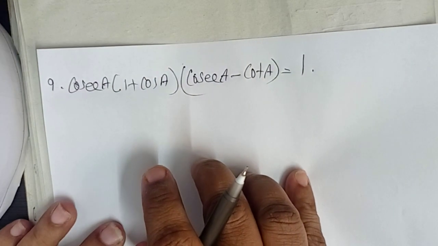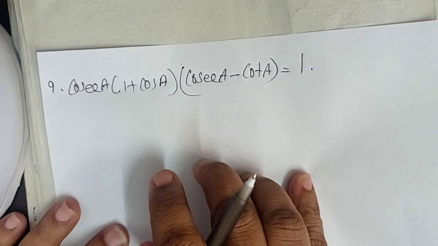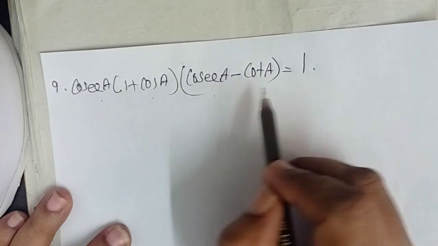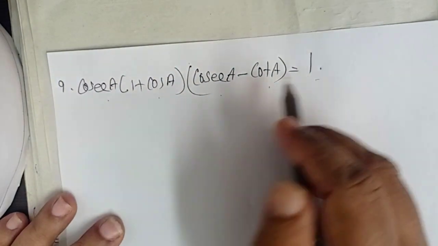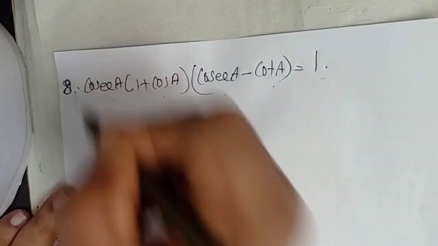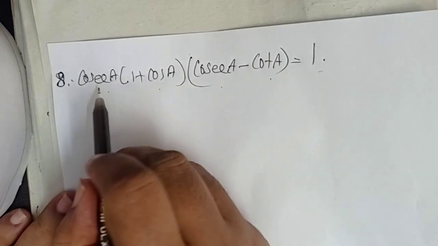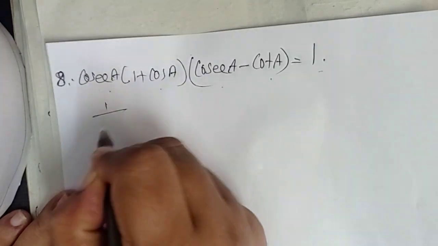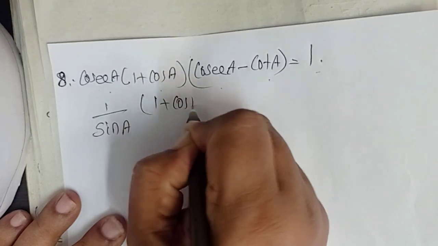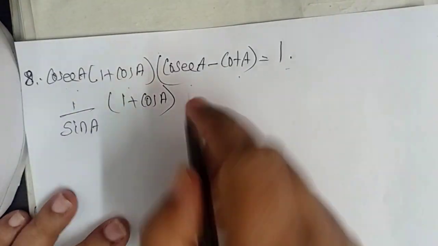Ninth problem. Cosec a into (1 plus cos a) into (cosec a minus cot a) equal to 1. Actually, you can put this as question number 8. Then, cosec a is the same as 1 by sin a, into (1 plus cos a). That is in its lowest term, no change.